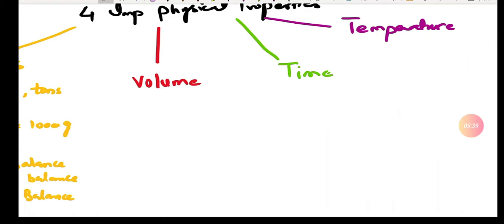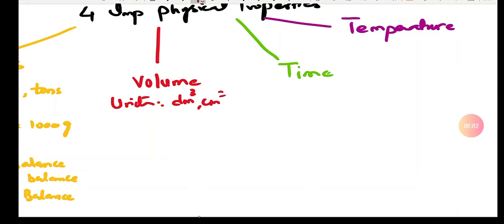Let's talk about now volume. Volume is defined as the space occupied by any substance. Now the unit most commonly used for volume in chemistry is dm cube.